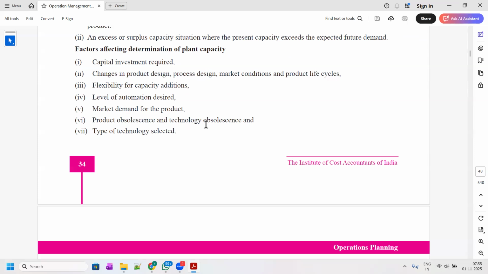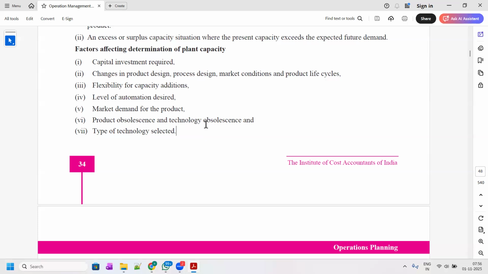Sometimes there would be some other product similar to yours, and that product would be much better. If that product's demand shoots up, then you need to come up with R&D, research and development, on the end product you are manufacturing. Only then can the end consumer differentiate between the existing product and the new product.